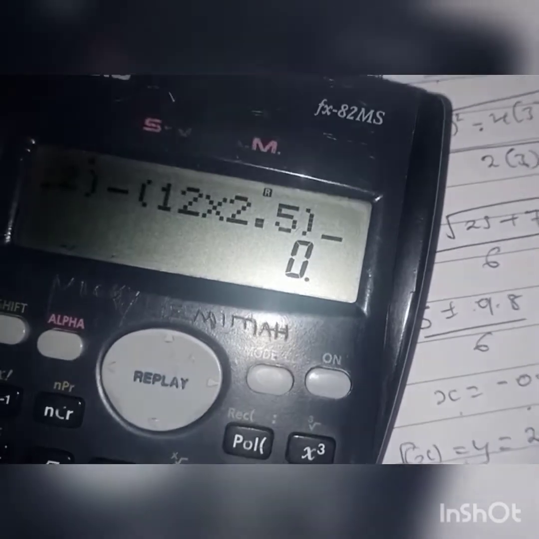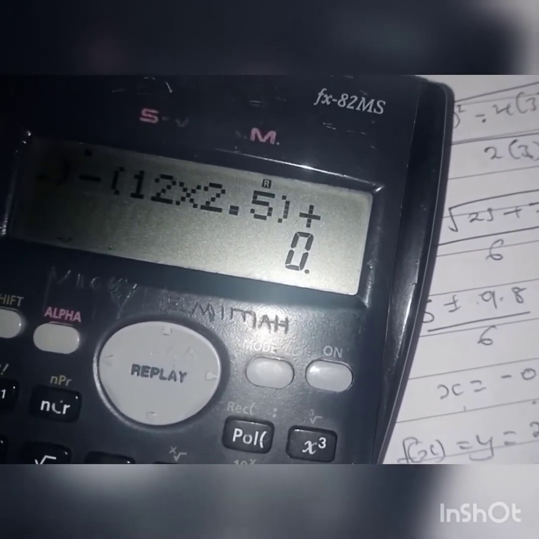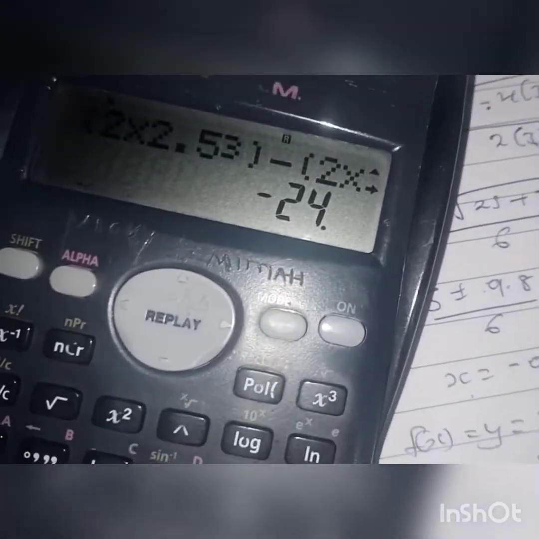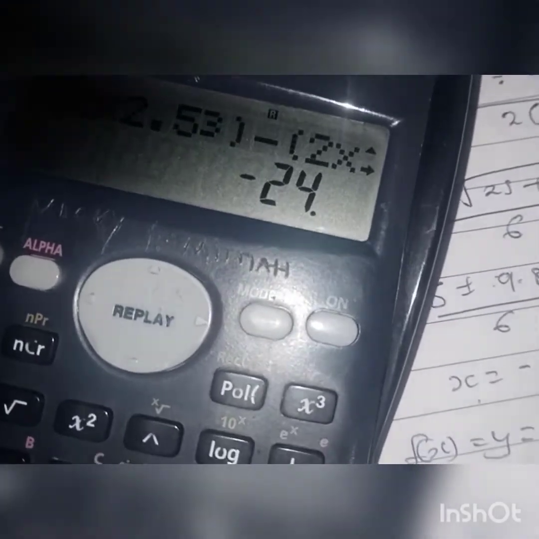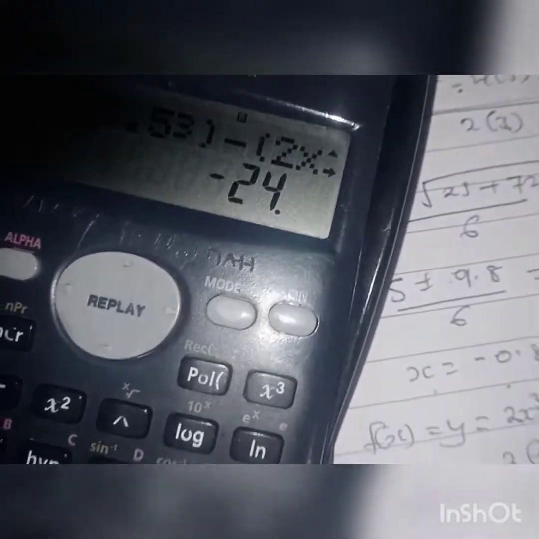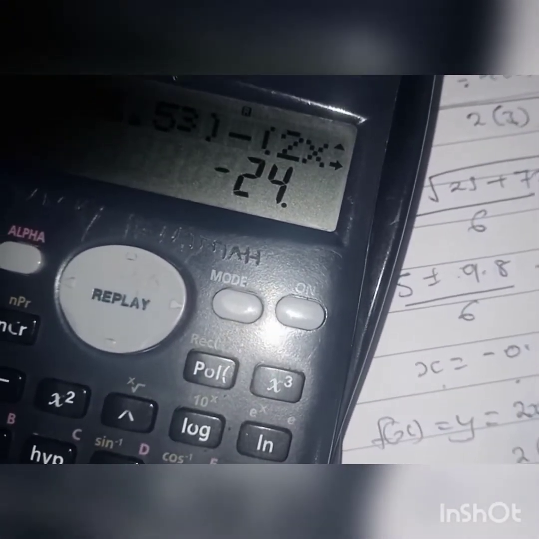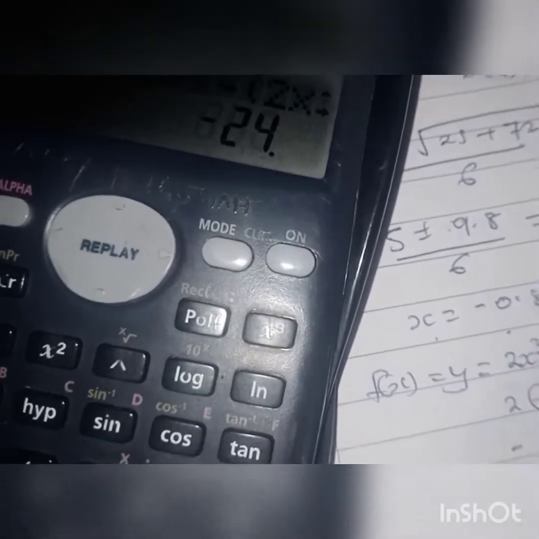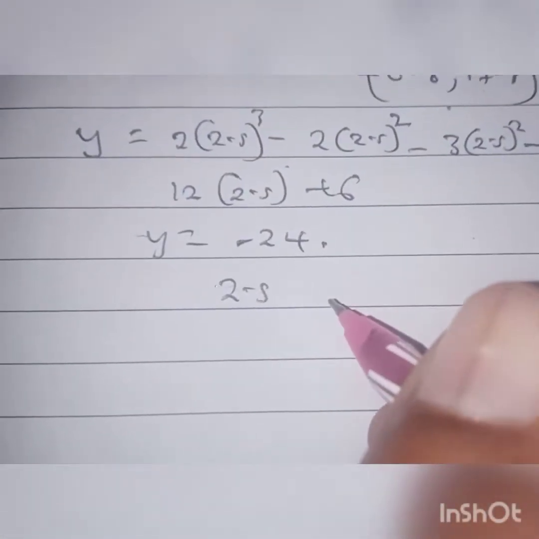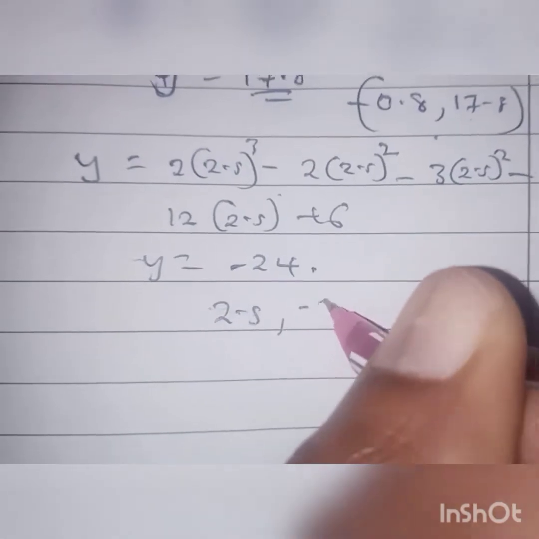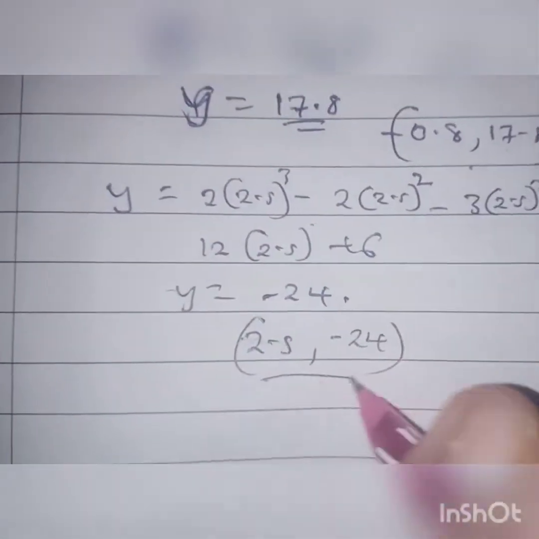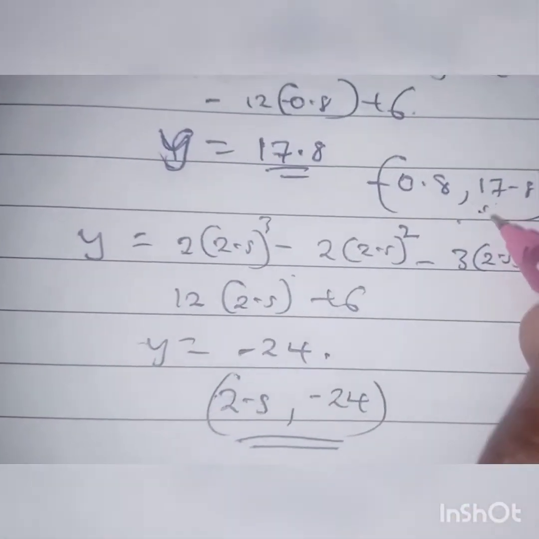Close the bracket. So the result is negative 24. So when x is 2.5, y is negative 24. So these are your stationary points.